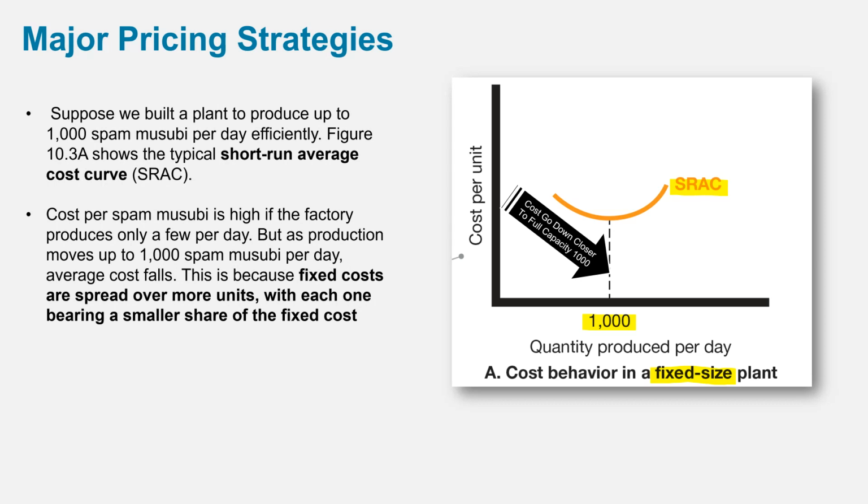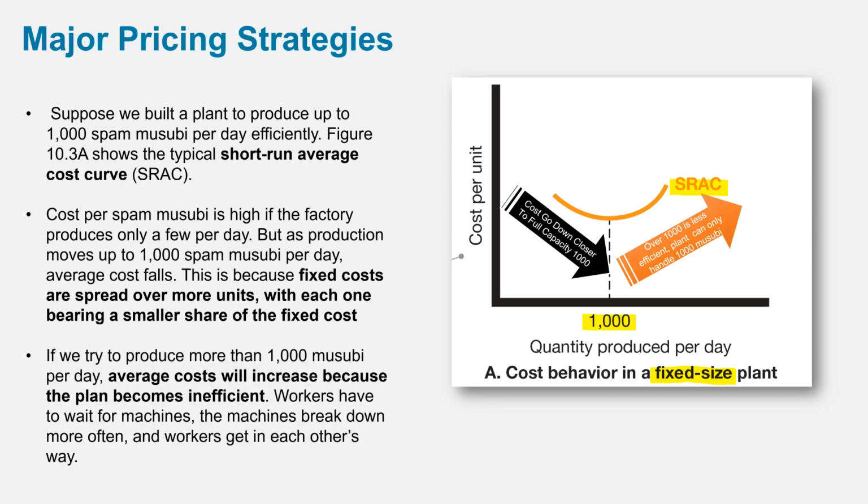Once we get closer to 1,000, however, our actual facility isn't efficient anymore. There's limited space, there's limited machines, there's too many people there. So if we have a facility that really works well under 1,000 musubis, but we want to make 1,500, what happens is that because it's not as efficient as it was before, and workers are having to wait for machines, or machines break down, or workers get in each other's way, then the efficiency makes it that overall costs go up.